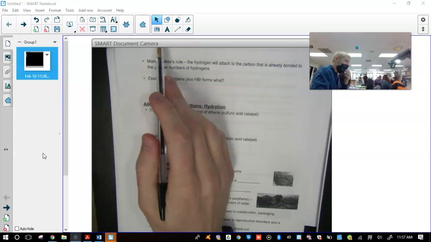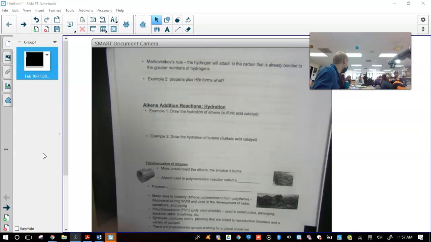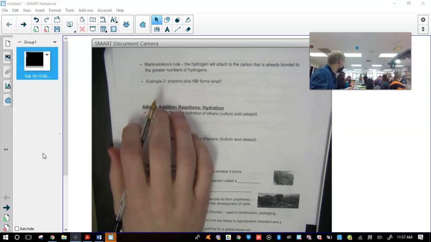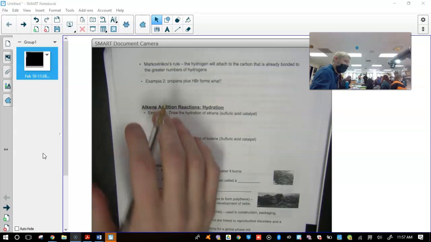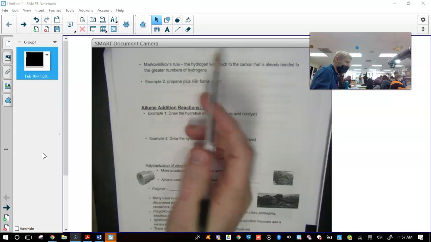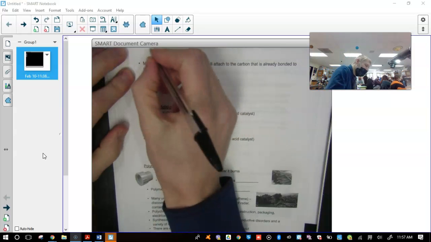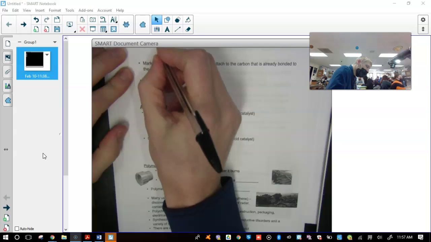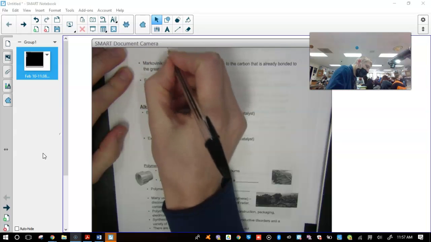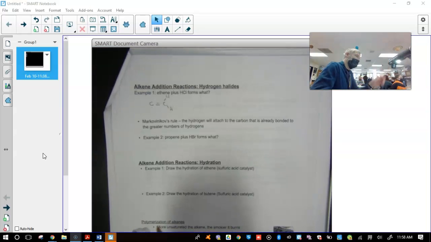All right, here we have alkene addition reactions, hydrogen halide. We did hydrogen, hydrogenation. We did halogen, halogenation, and now there's hydrogen halide. So ethene. I'm just going to write the whole thing out.